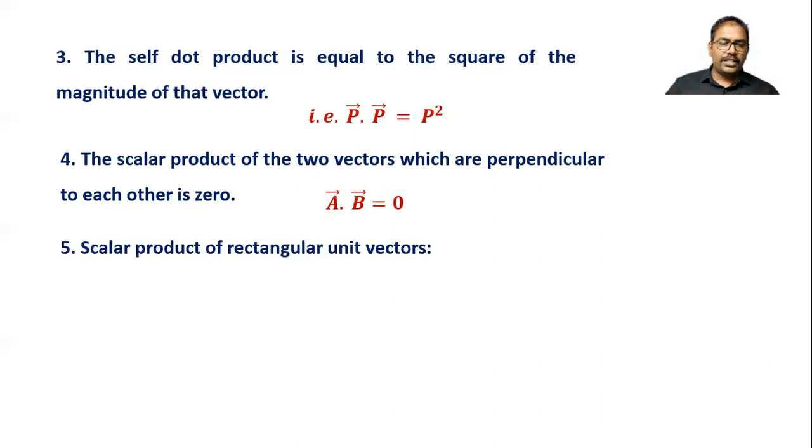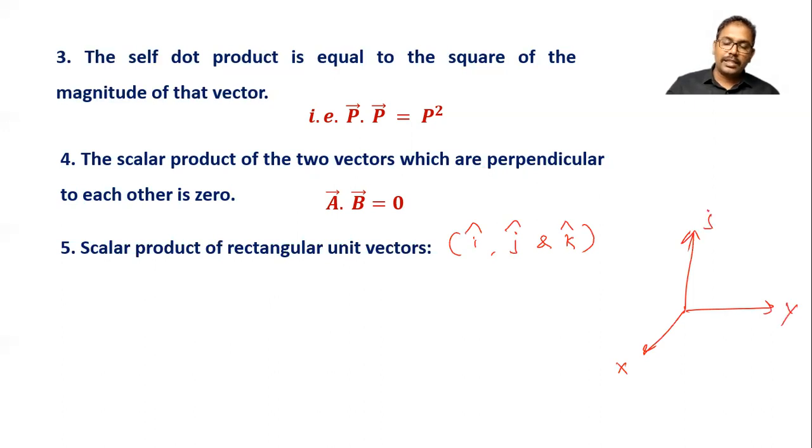Now the fifth characteristic: scalar product of rectangular unit vectors. Rectangular unit vectors means i cap, j cap and k cap. If I consider this is the x axis, this is the y axis, this is the z axis, then i cap is along the x axis, j cap along the y axis, and k cap along the z axis.